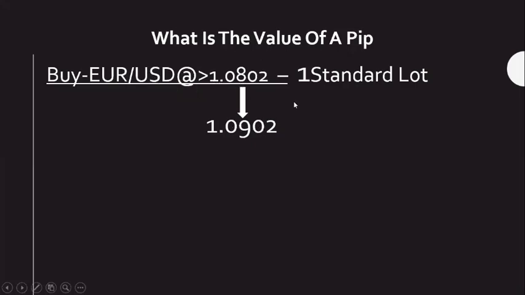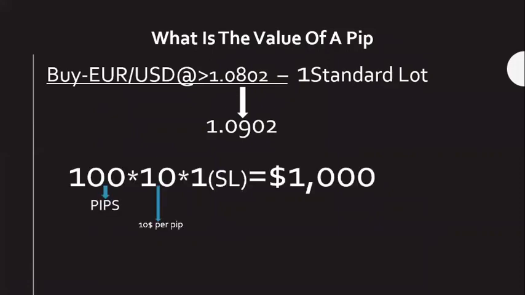So let's go with the calculation of one standard lot. Let's say we used one standard lot for that particular trade. How much did you make? We already know that we used one standard lot and we made 100 profit pips.